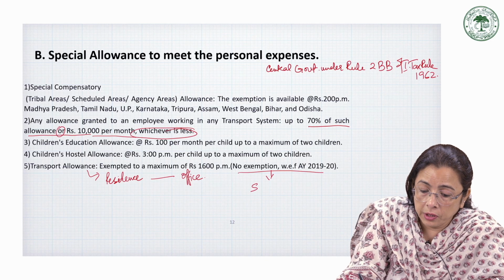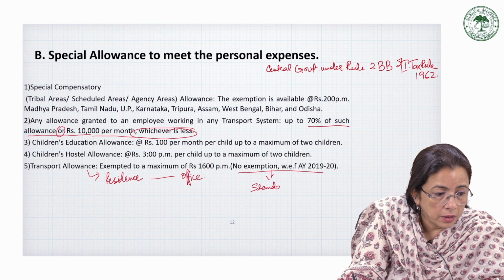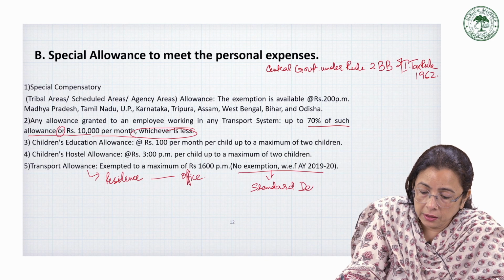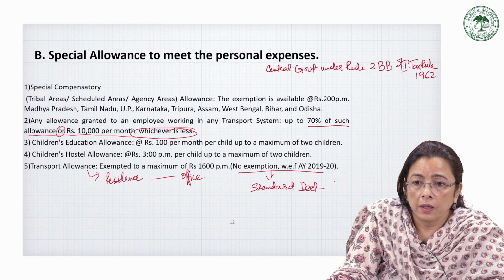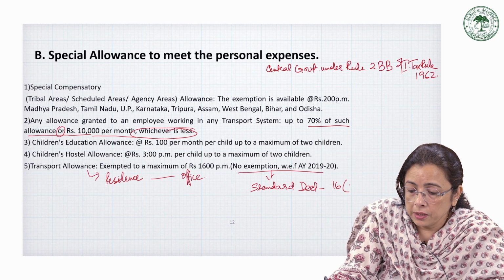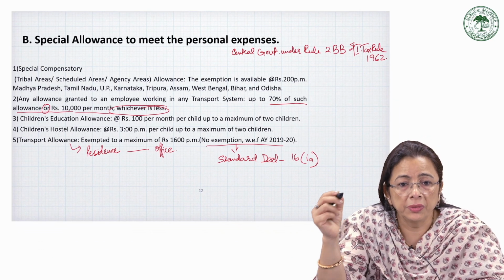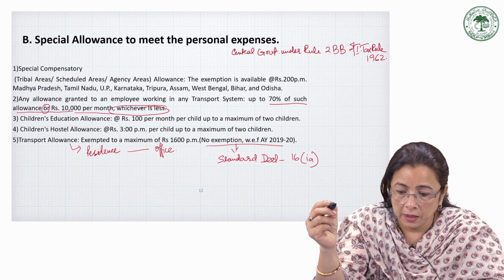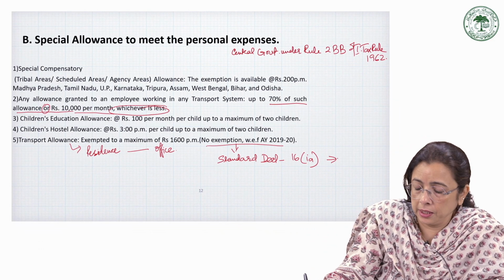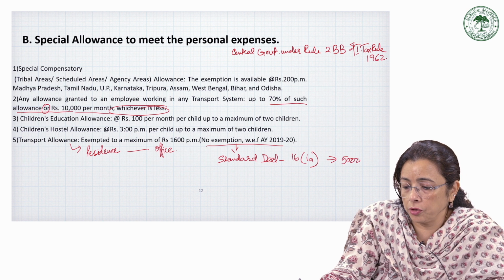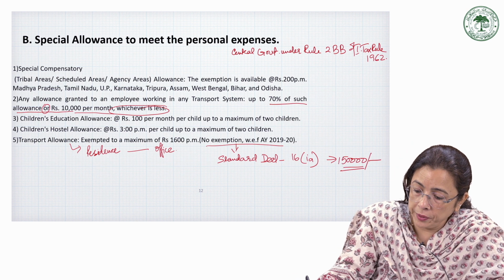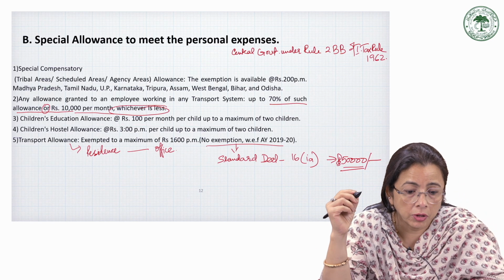Why? Because of the standard deduction. It is section 16, subsection 1A of the Income Tax Act. This standard deduction amounts to rupees 50,000 on your gross salary.